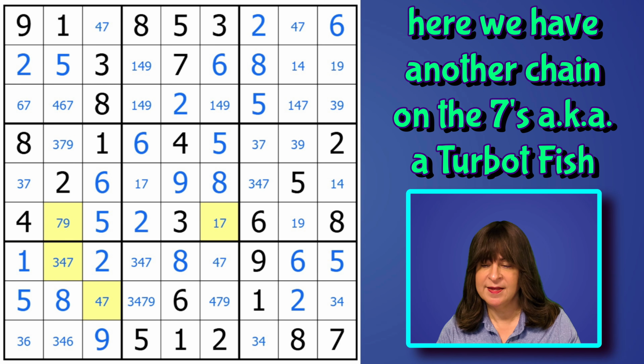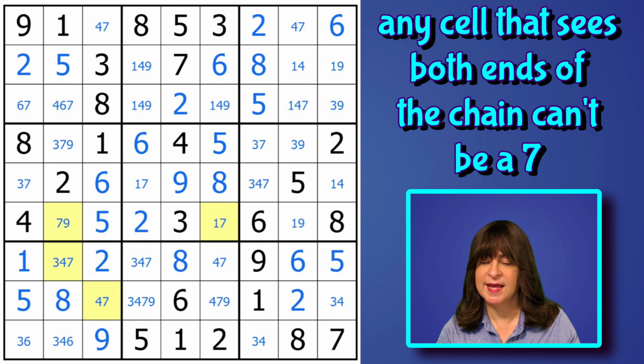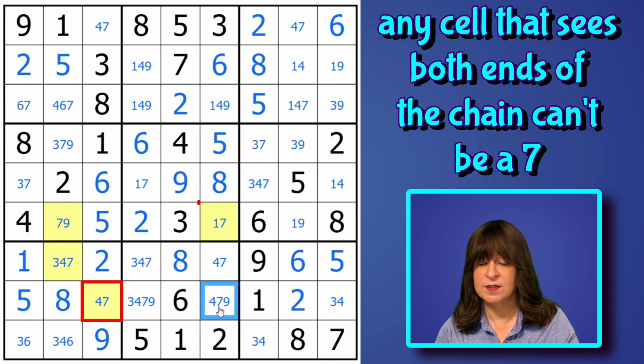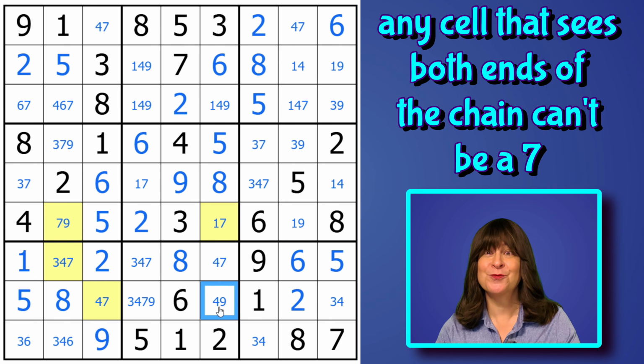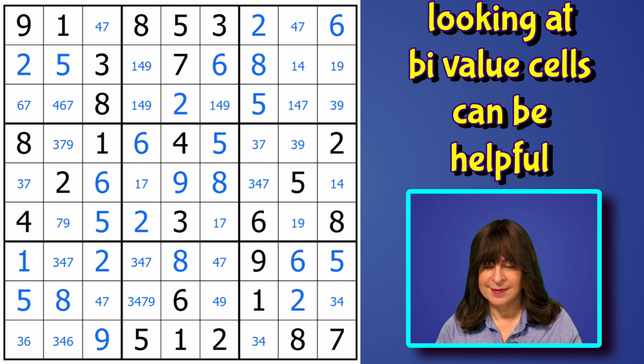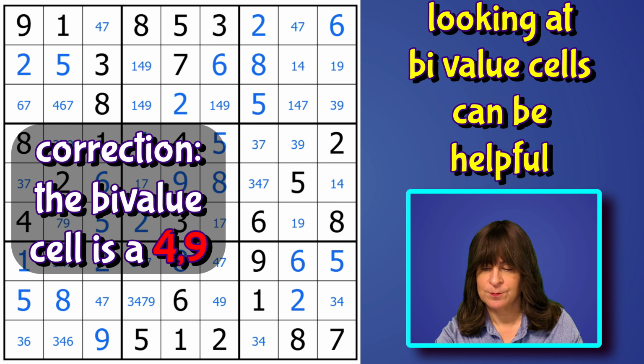Either which way, any cell that sees both these cells cannot be a 7. And so it can be eliminated. So this cell with a 4-7-9 sees the 4-7 cell, and it also sees the 1-7 cell. And since one of those has to be a 7, we can eliminate the 7 from this cell. Great! So that leaves us with a bi-value cell, the 4-7.